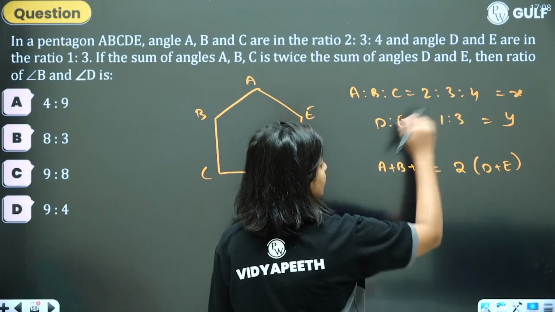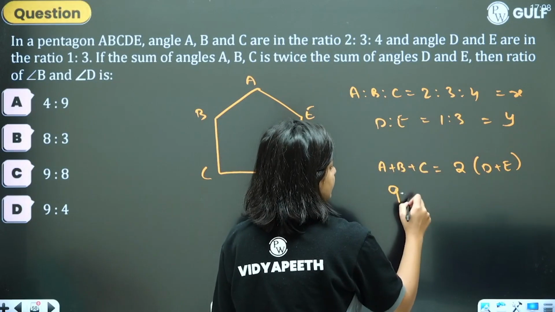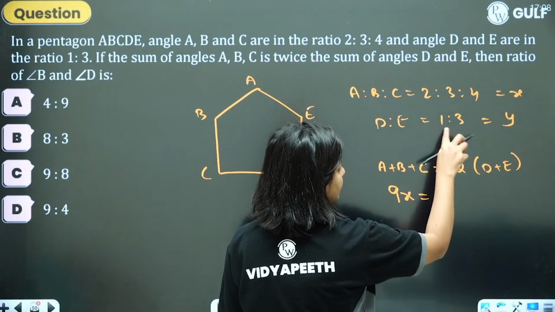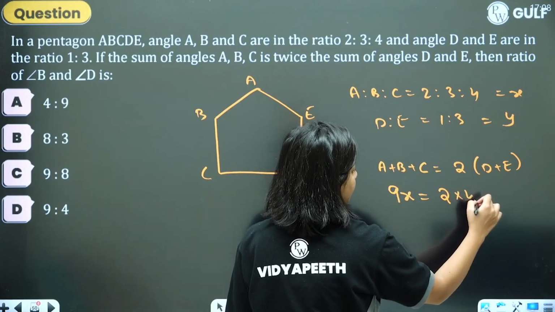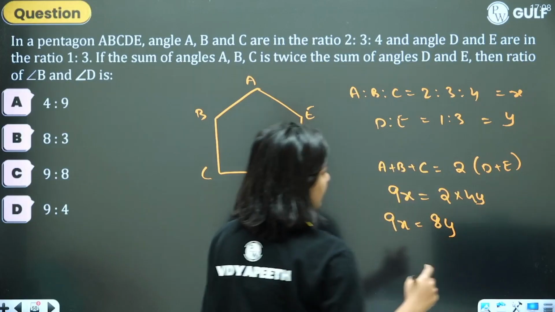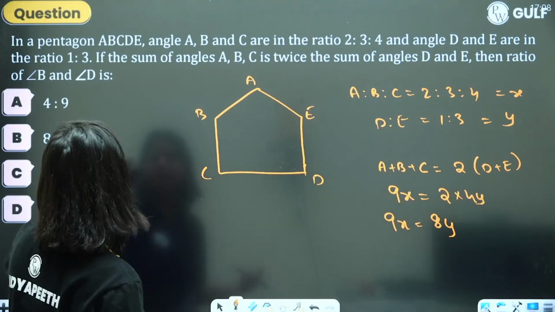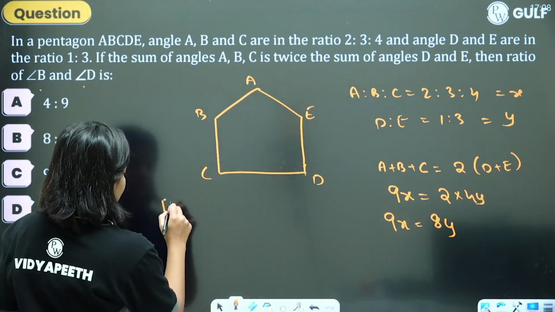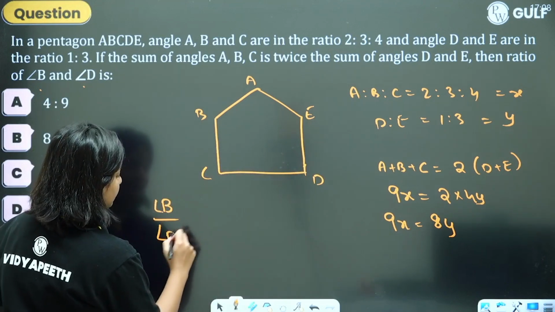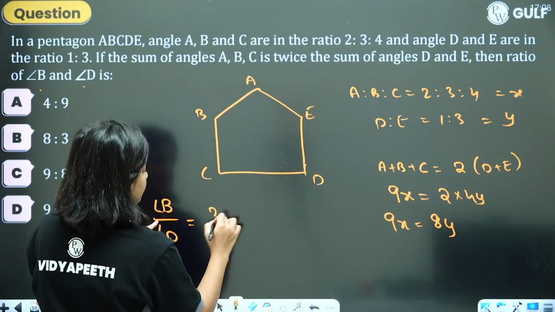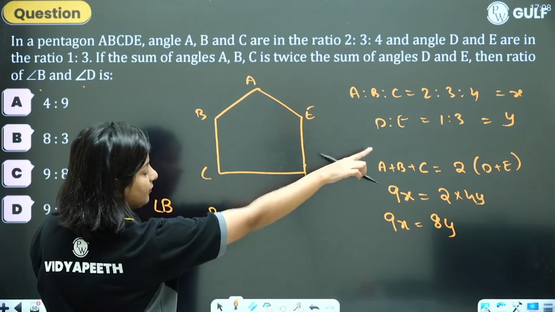A plus B plus C, 4, 5, 6, 7, 8, 9x is equal to 2 times D plus E, which is 4y, that is 8y. So that means 9x is equal to 8y. What is the question? They want the ratio of angle B and angle D. Angle B upon angle D. In terms of ratio, angle B is 3x and angle D is y.